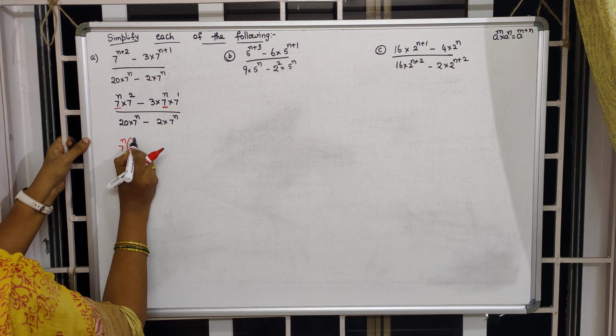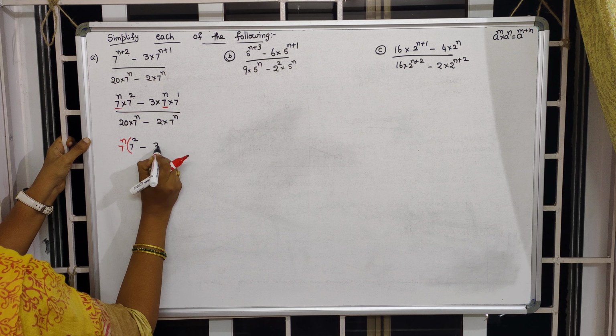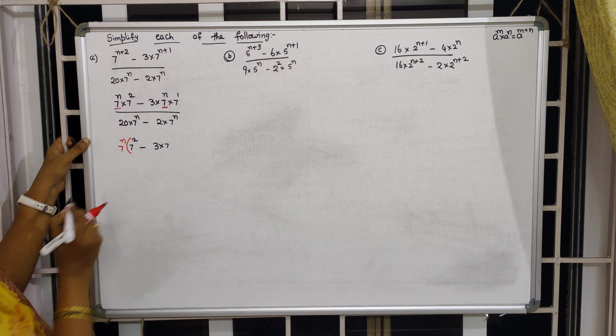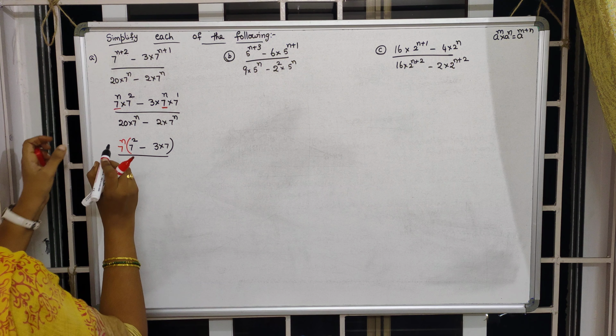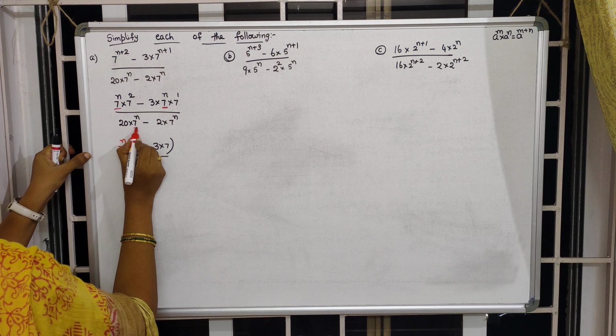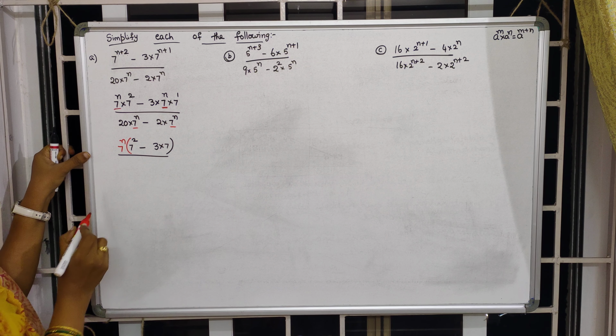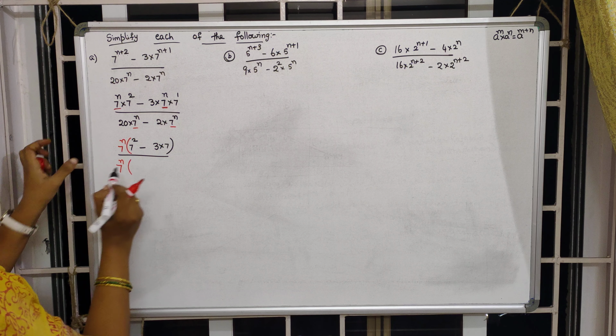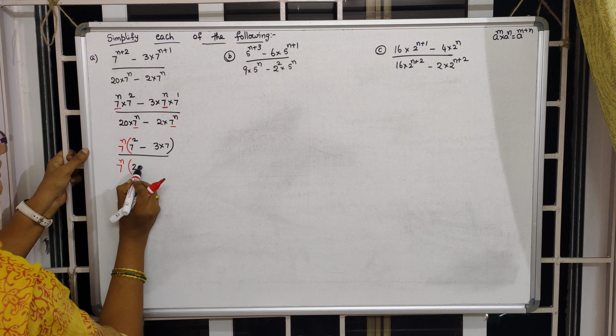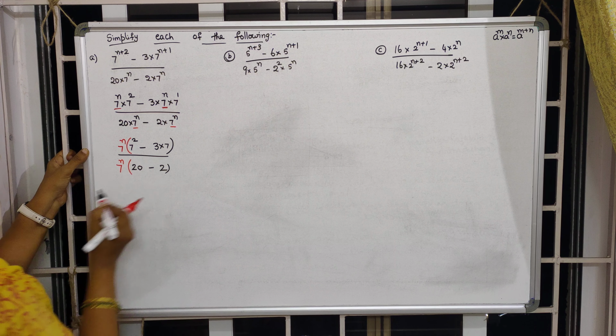Here it will become 7 square minus 3 times 7 to the power 1, which means 7. Upon, here also 7 to the power n is there. Take that 7 to the power n out common. Then what is left here? 20 minus 2 is left.